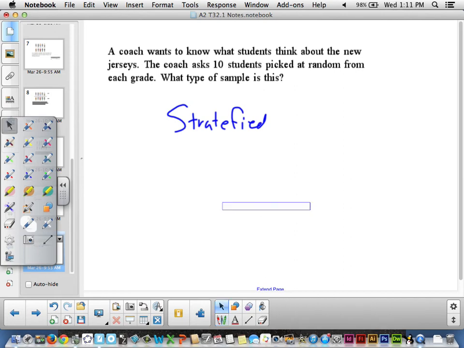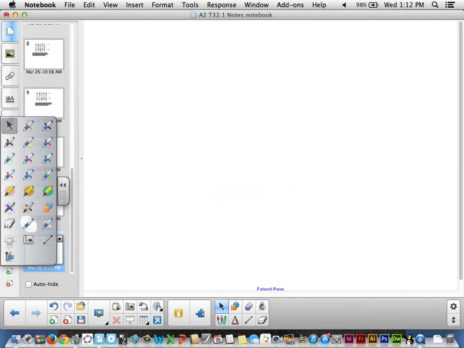All right, so in review, there are populations and there are samples. A population is all of something. And when the population gets too big, we sample it, which means look at just pieces of it. We discussed 6 different types of sampling today.